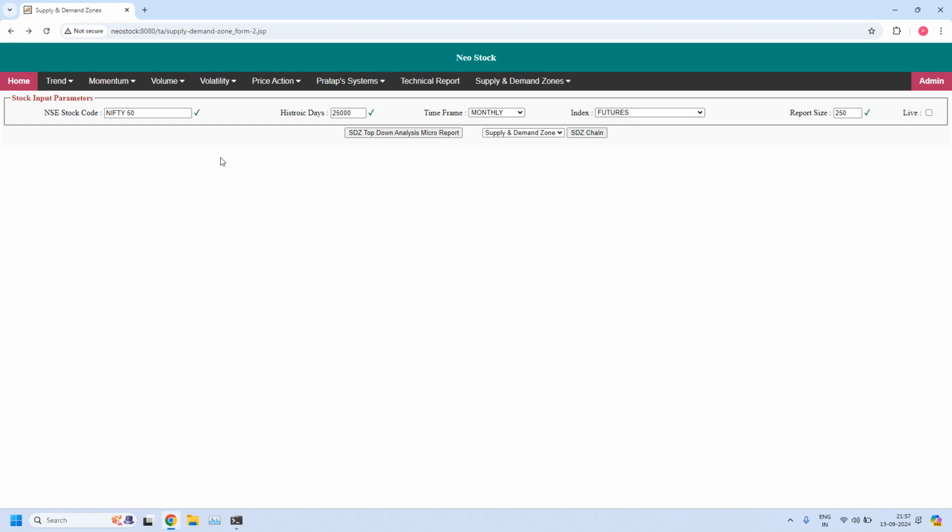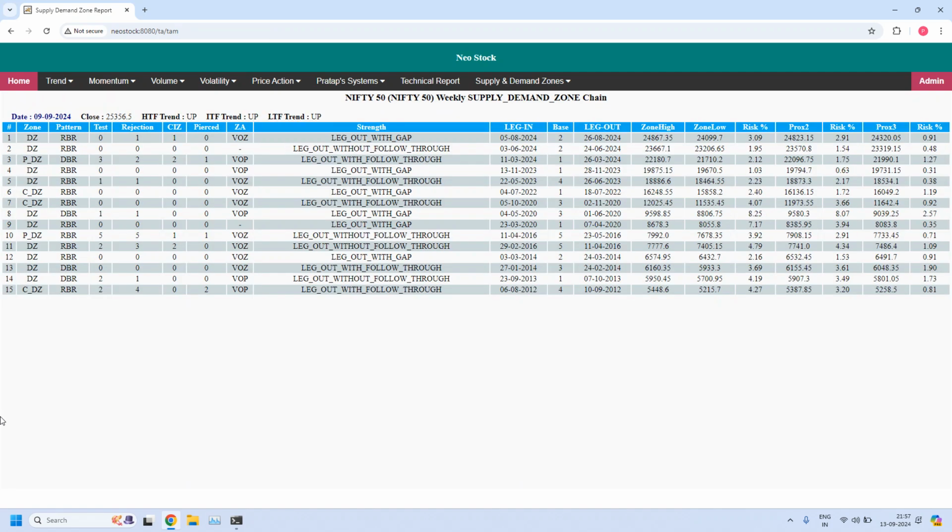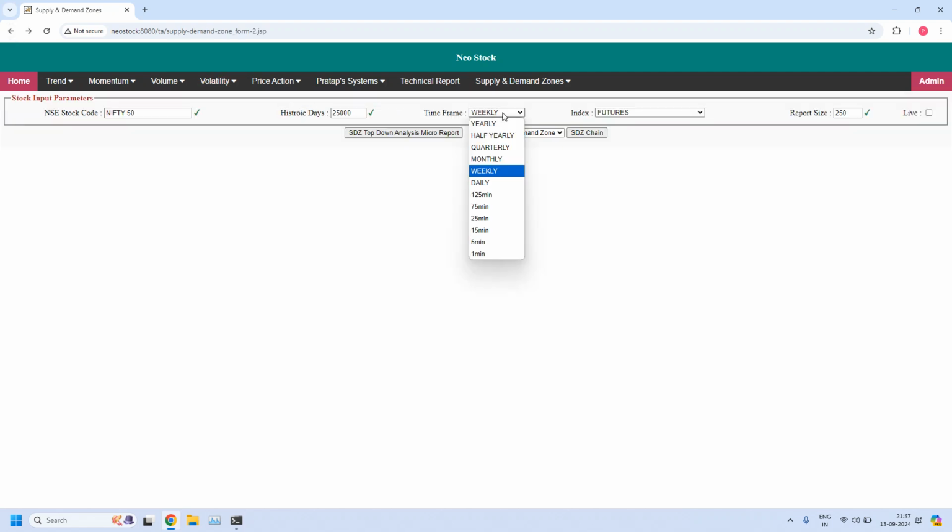Okay, next, changing the time frame to weekly, I am generating the weekly supply demand zone chain for Nifty. Next time frame is daily, generating the daily supply demand zone chain for Nifty.